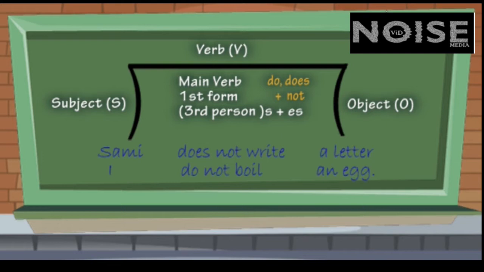Quite easy, I believe. Now we'll move to interrogative, like how to form a question. Again, quite easy. If you can construct a sentence in positive sense and then negative, it's easy to change that into interrogative form. For example, look at the sentence that is a positive form. Sami writes a letter. And negative, Sami does not write a letter.